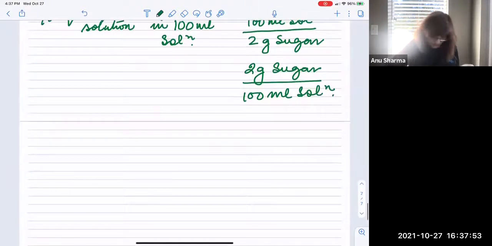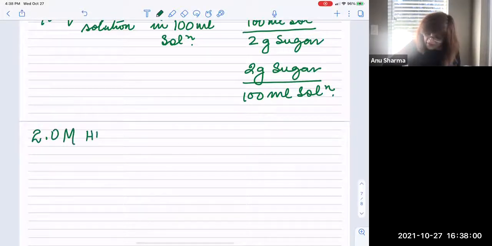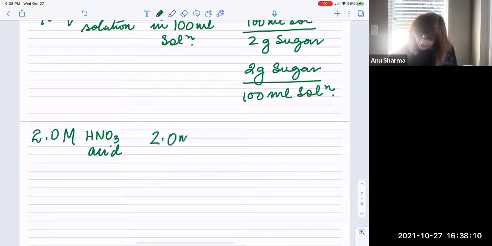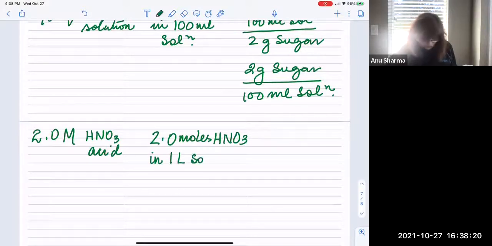Last but not least is the molarity. If you have 2.0 molar HNO3 acid, the nitric acid, what is the meaning of this? This means 2.0 moles of HNO3 are present in 1 liter of solution.